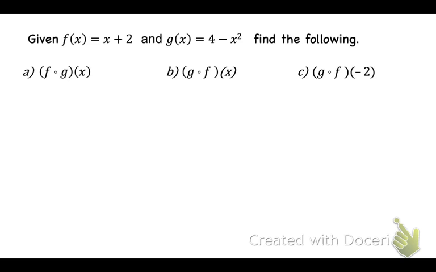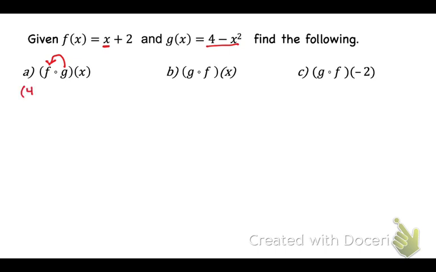So now I have F and I have G, and I want F composed of G. I want G composed of F, and I want G composed of F of -2. You just do this, and then you plug in what for X? -2. Okay, F composed of G, so that means I'm putting what function into what function? G into F. So this in for that.